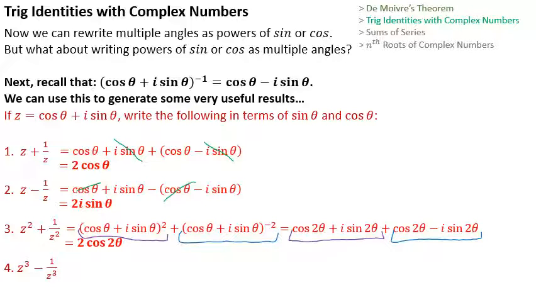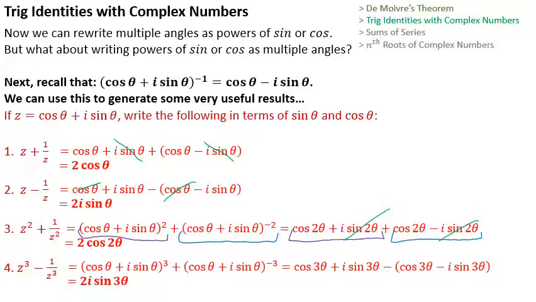Cos of minus 2 theta is just cos 2 theta, and sine of minus 2 theta is minus sine of 2 theta. And once you've done that, you'll find that things cancel out. In this case, we're cancelling the i sine 2 theta terms, and we're left with 2 lots of cos 2 theta.